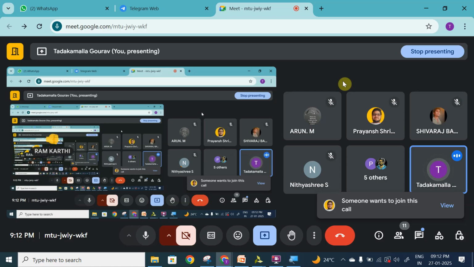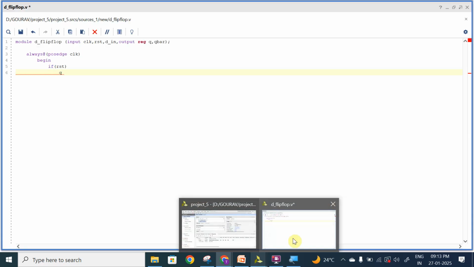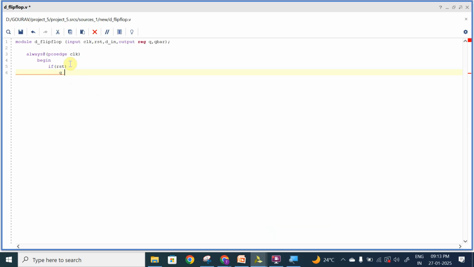For sequential circuits, we prefer non-blocking assignments, and for combinational circuits, we use blocking assignments. Due to technical issues, that recording's audio was not recorded. Okay, no issue.